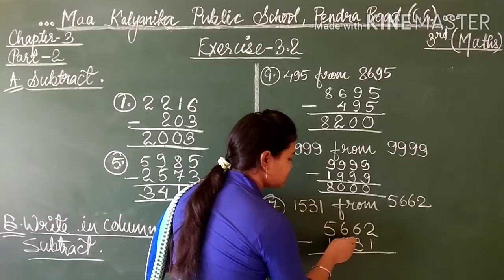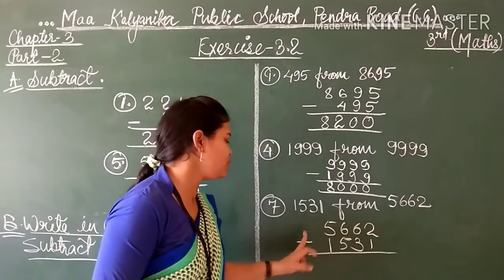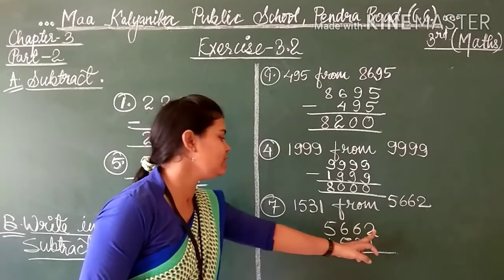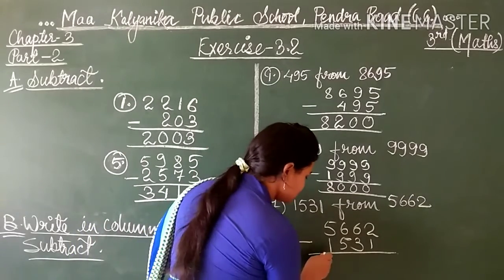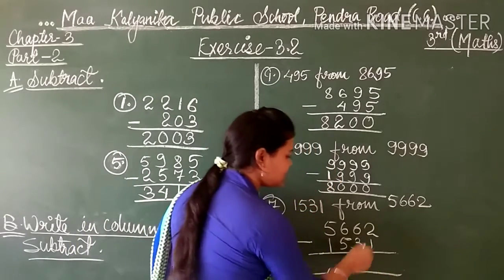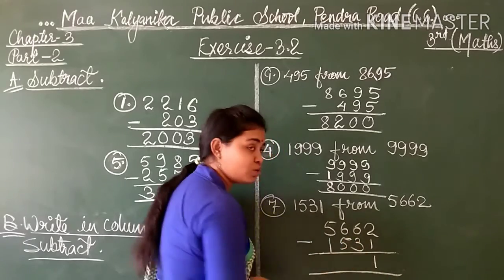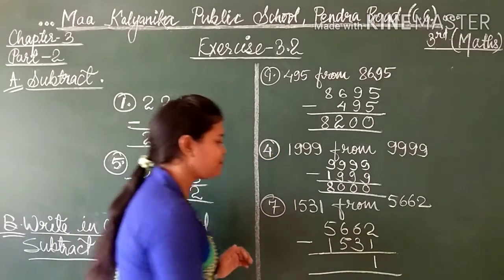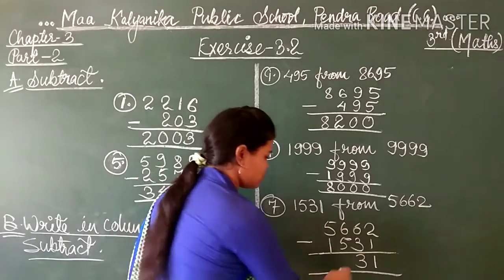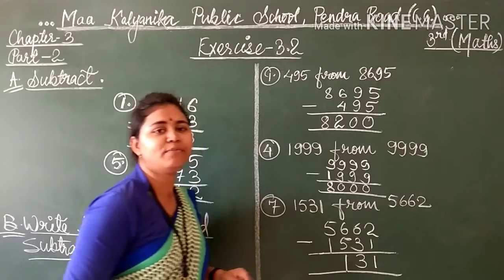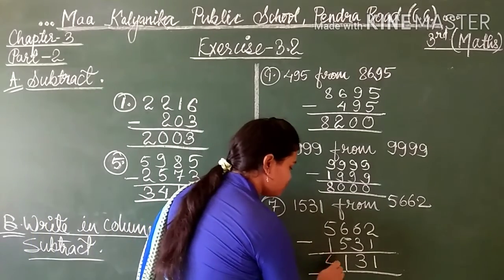So you can see simply here 5662 minus 1531. This is the greater number, this is the smaller number. Now subtract here. 2 minus 1 is 1. 6 minus 3 is 3. 6 minus 5 is 1. And 5 minus 1 is 4.